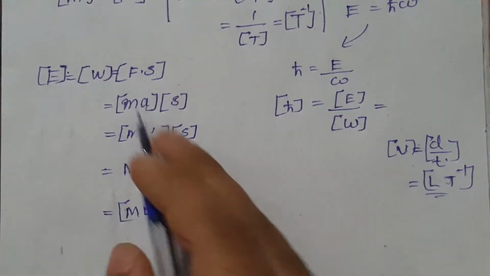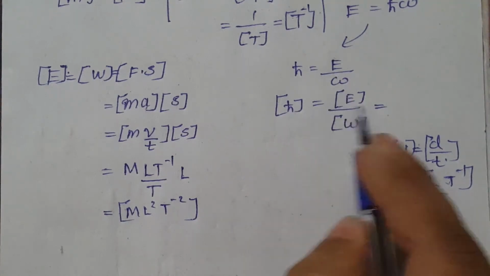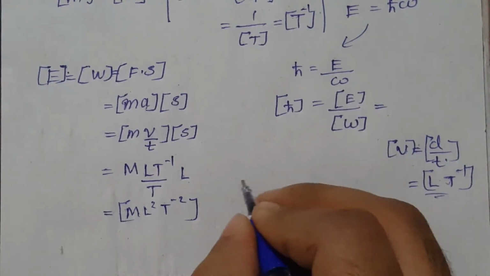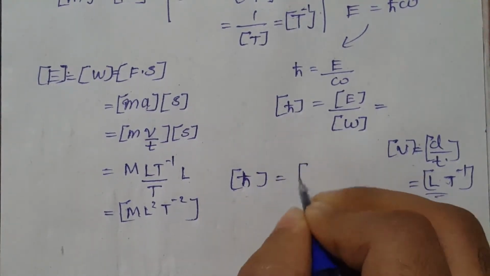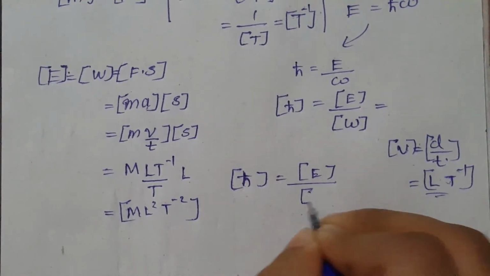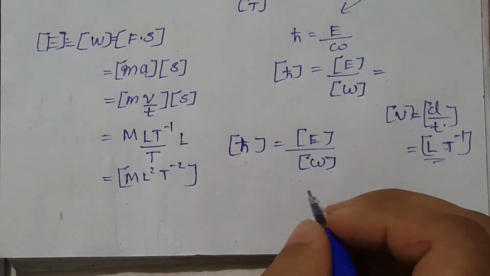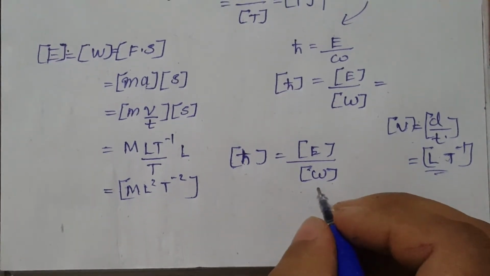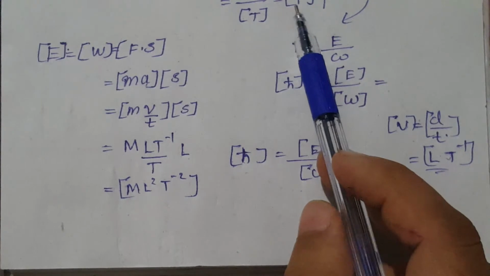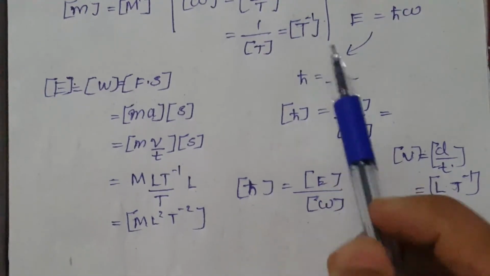Now if you have the dimension of energy, you know that the dimension of h cut is the dimension of energy divided by the dimension of omega. We have already calculated that the dimension of omega is T raised to minus 1.